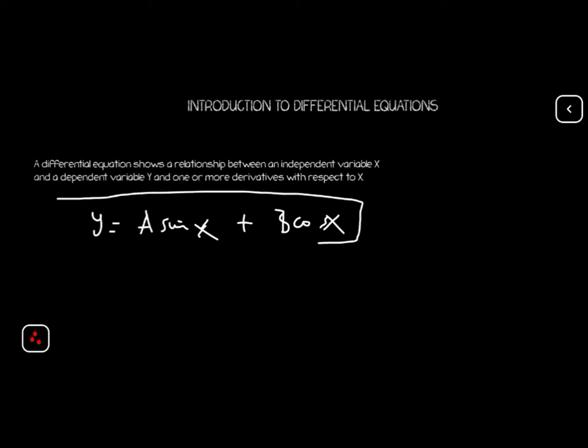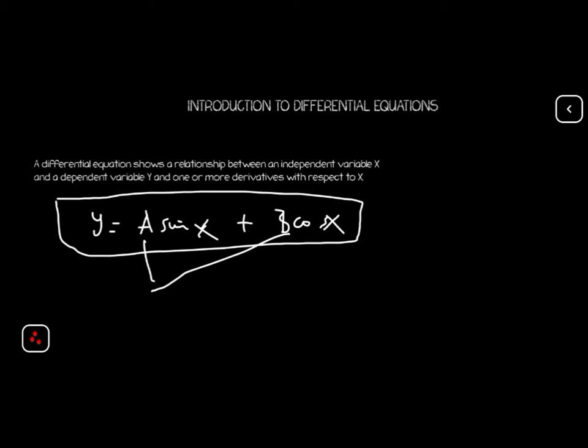So if we have y is equal to a sine x plus b cos x, and we want to form the differential equation of this trigonometric equation, how we do that is by taking the derivative of this equation by the number of constants involved. In this equation we have two constants, a and b. So we are going to take the derivative of this equation twice.